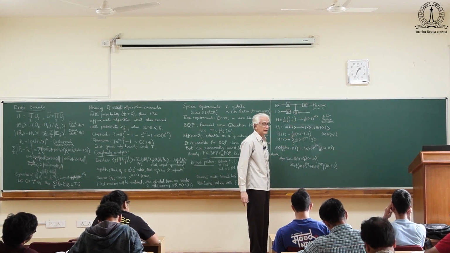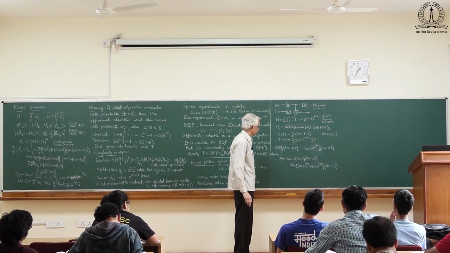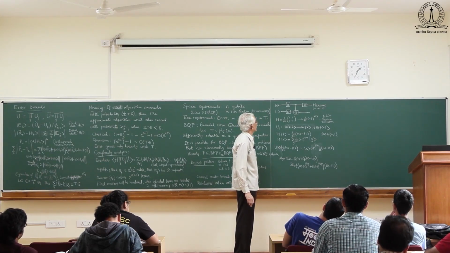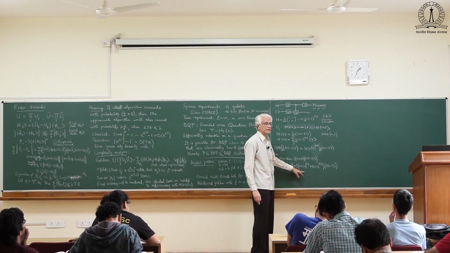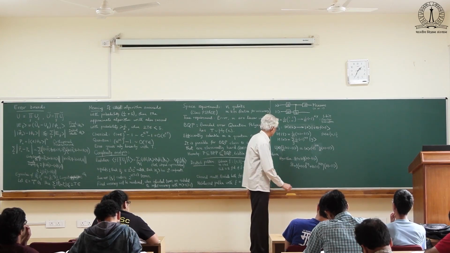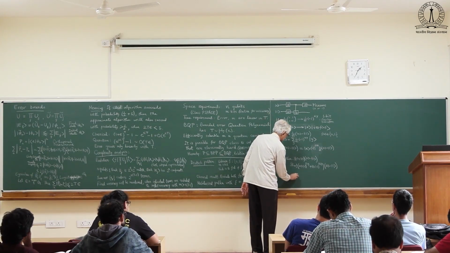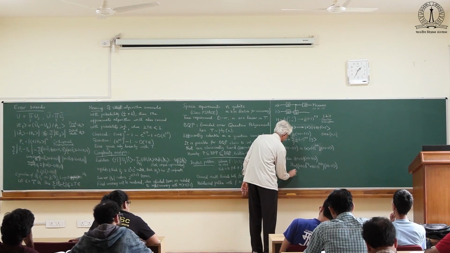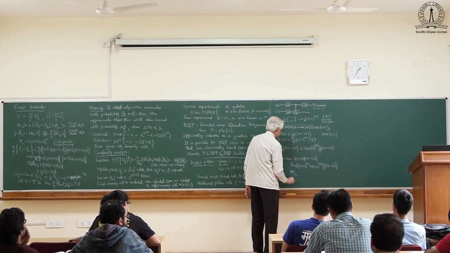I'm going to apply another Hadamard operator on the first bit. So now it is H times identity.